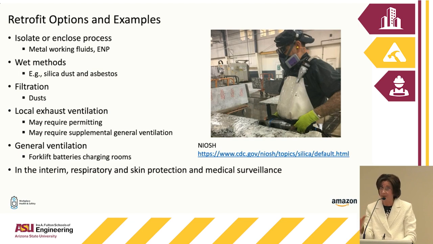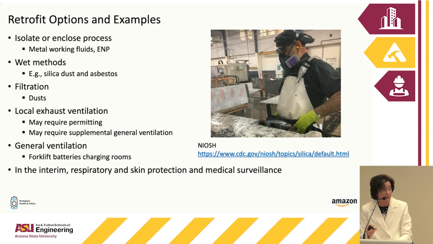So it's not simply the design of the equipment, it's also the design of the buildings. And then I also have, for general ventilation, ones that you probably all know, it's the forklift battery changing rooms, for instance.